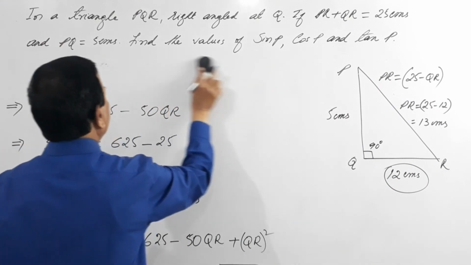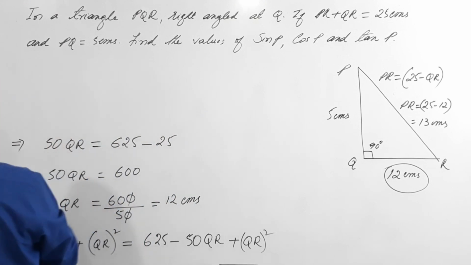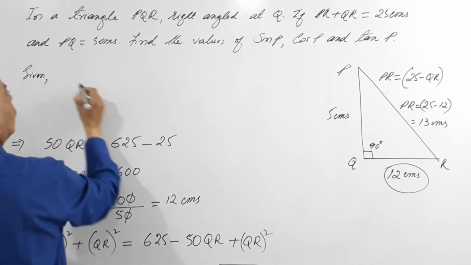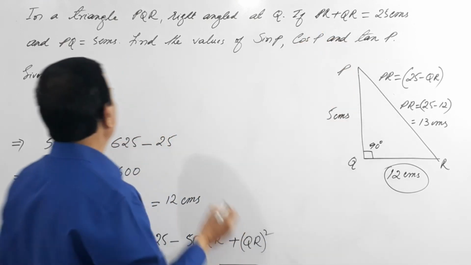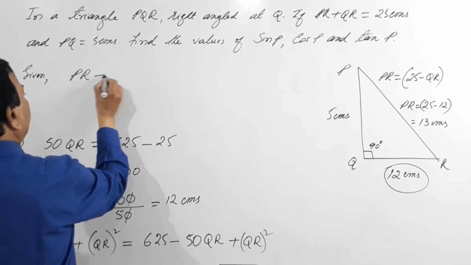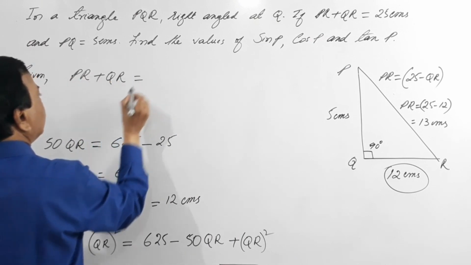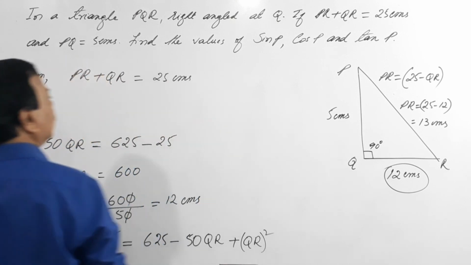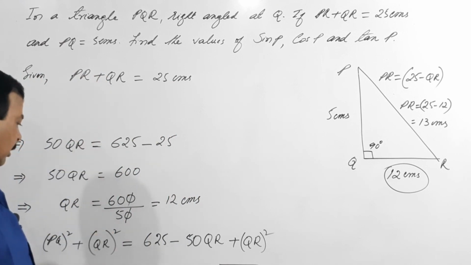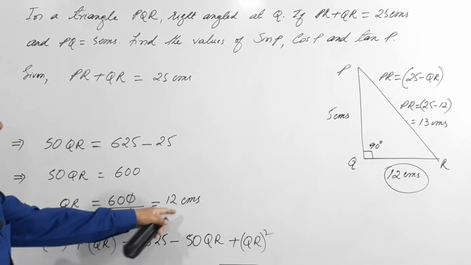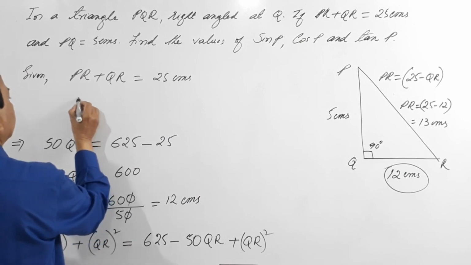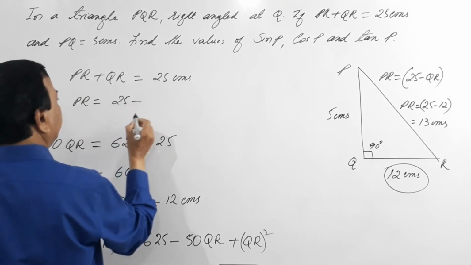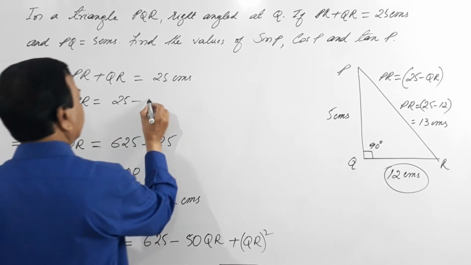Given, what is that? PR plus QR equals how much? PR plus QR equals to 25 centimeters, right? What is QR? QR is 12 centimeters, that is PR equals to 25 minus 12 centimeters.